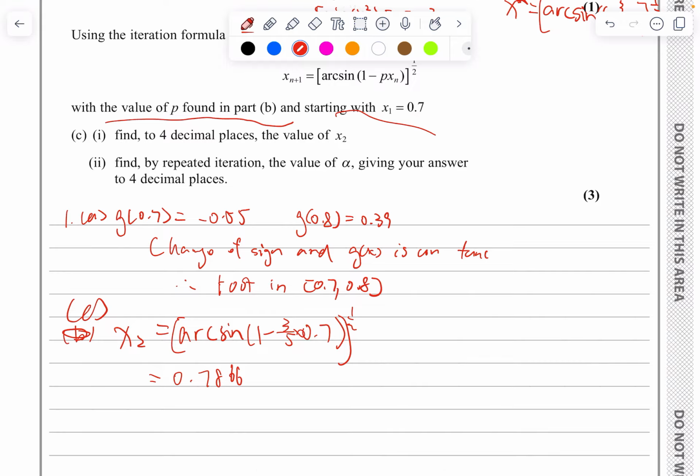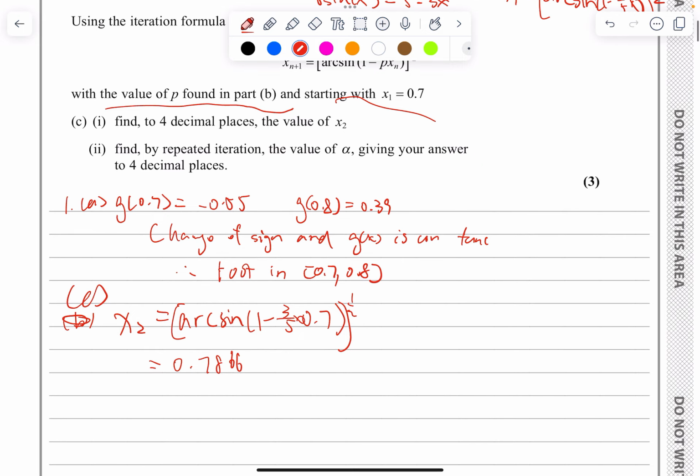And then part 2, by repeated iteration, find the value of alpha, okay? So that would be sine to the power of negative 1. You might not find arcsine in your calculator, but remember, arcsine just means sine to the power of negative 1.